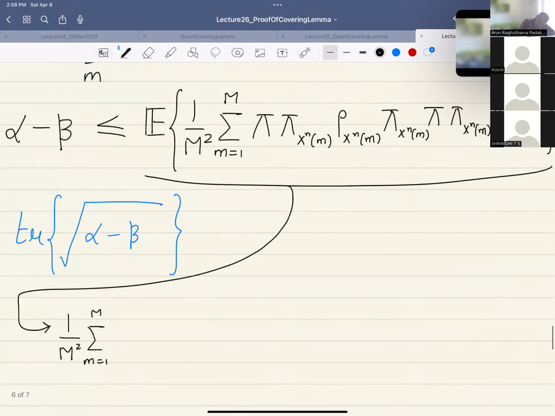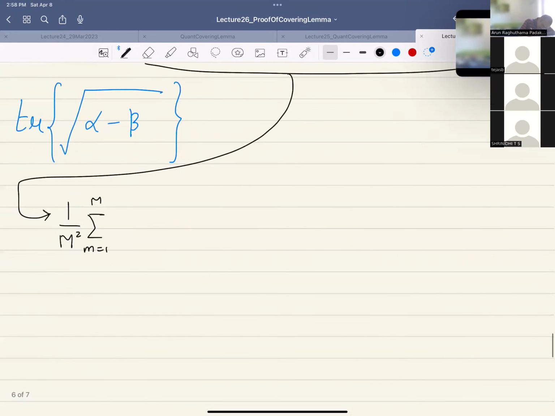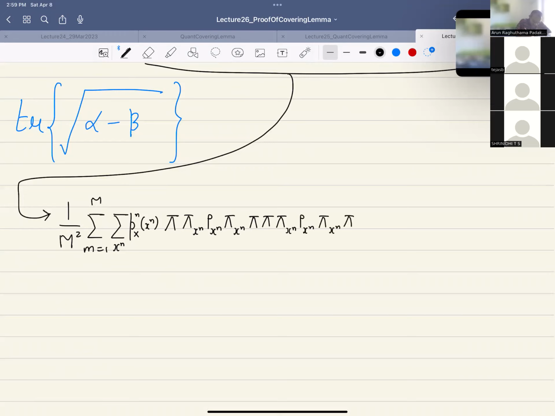I'm doing the expectation of this beast, right? So just summation over all xn, P of xn, I mean it's P xn of xn, pi xn, rho xn, pi xn, pi xn, rho xn, pi xn, pi. 10 operators, okay? 1, 2, 3, 4, 5, 6, 7, 8, 9, 10.